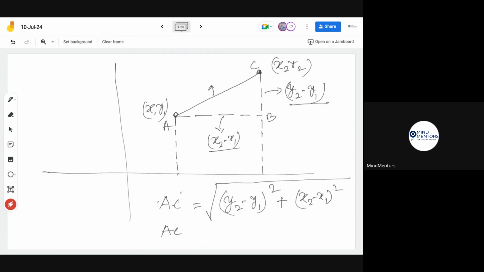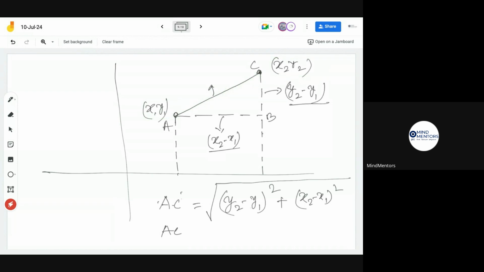Now, what we were discussing is coordinate geometry, if there are 2 points A and C, where x1, y1 is the coordinate of A, and x2, y2 is the coordinate of C. We wanted to find out the distance between any 2 points, the formula of how we find the distance.